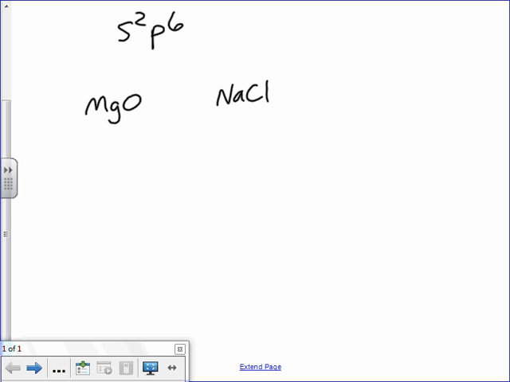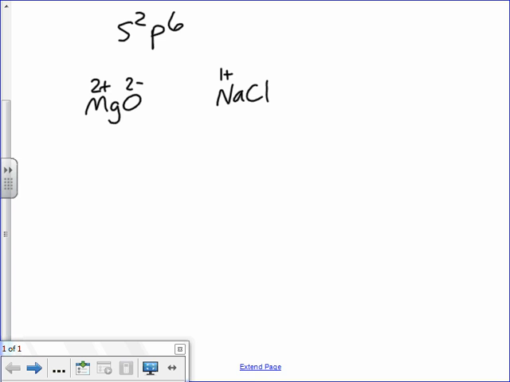But it's actually not as hard as it looks, because if you remember Coulomb's law, then you can figure this out, okay? What charge does Mg have when it forms an ion? 2 plus, right? What charge does oxygen have when it forms an ion? 2 minus. What charge does sodium have when it forms an ion? 1 plus.